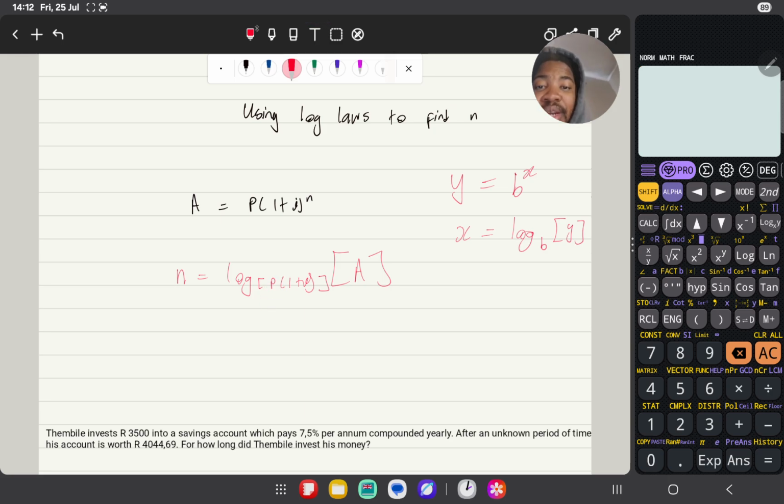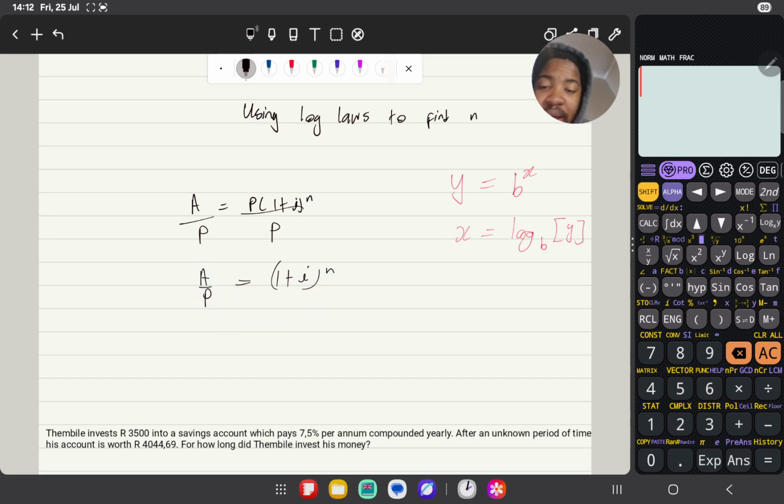Because P is not raised to the power of n, we will just divide by it, and then you have A divided by P equals (1 plus i) to the power of n. Now n is an exponent with the base of 1 plus i for interest, equal to this whole thing.